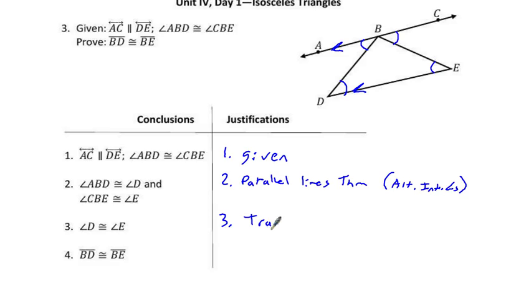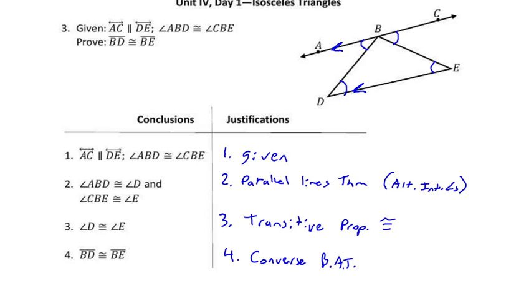This is the transitive property of congruence. And then finally the proof statement that this is an isosceles triangle because the base angles were congruent. That again is the converse of the base angles theorem.